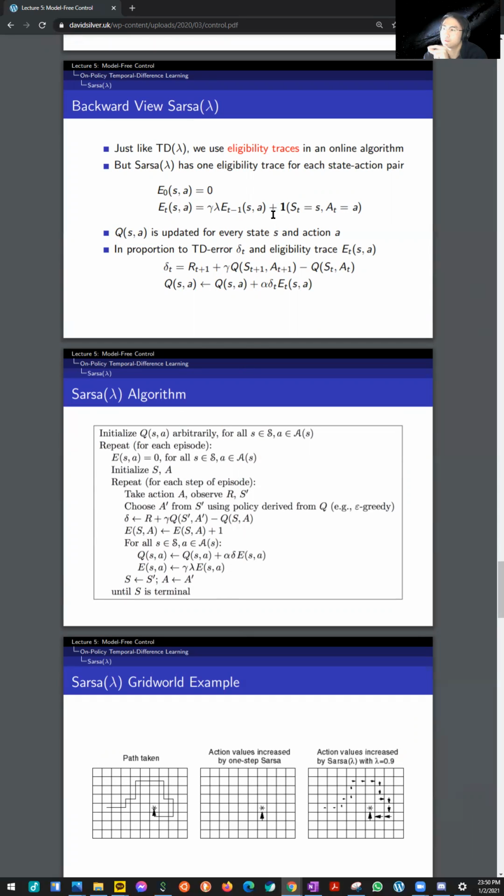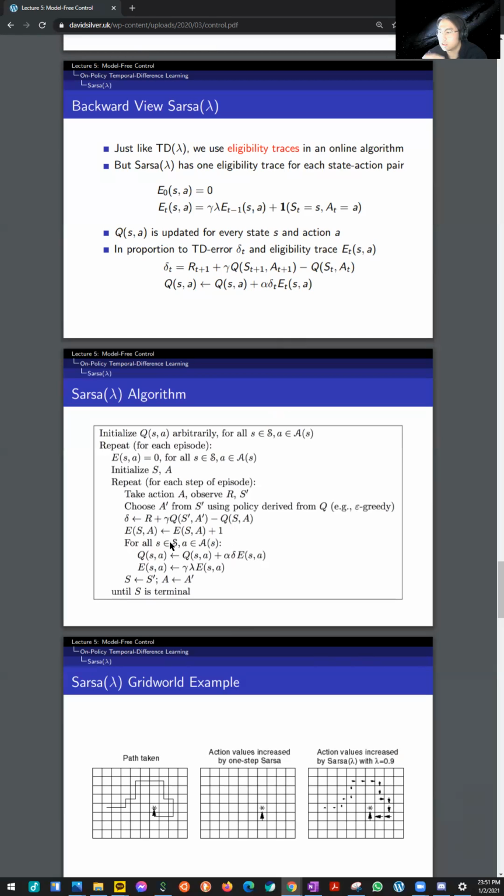And then the first term, the discounting by the discount factor and lambda, happens in the pseudocode in this inner for loop.